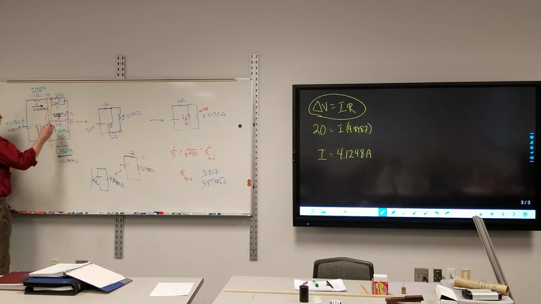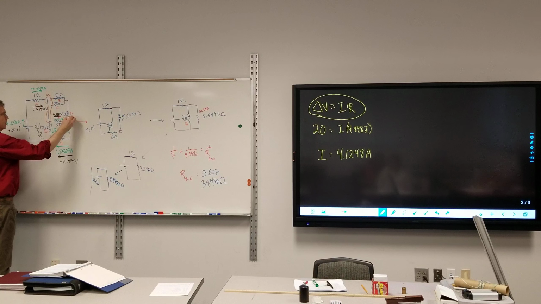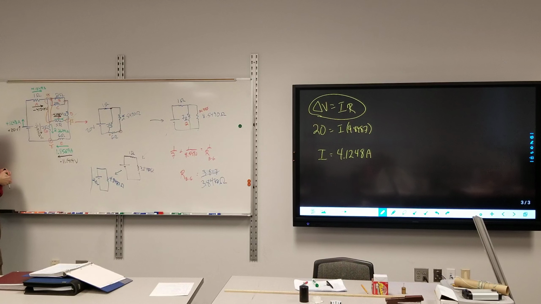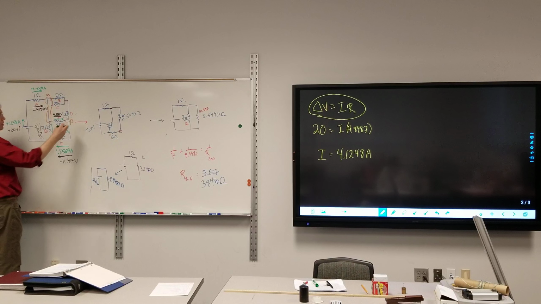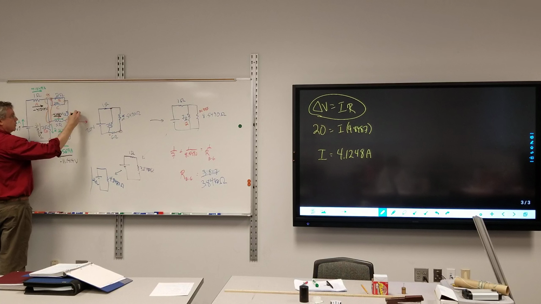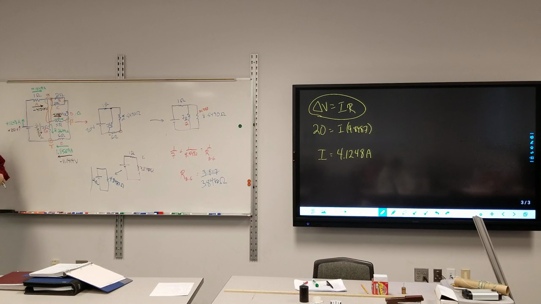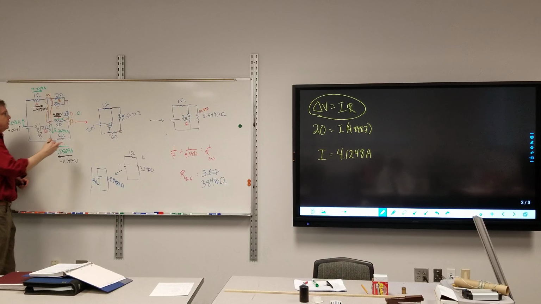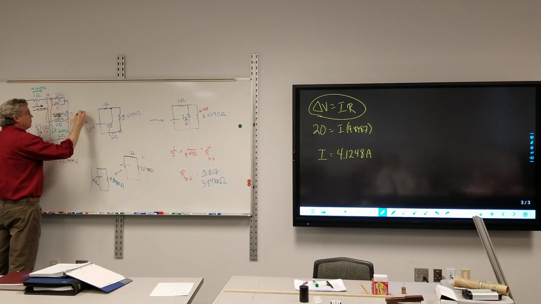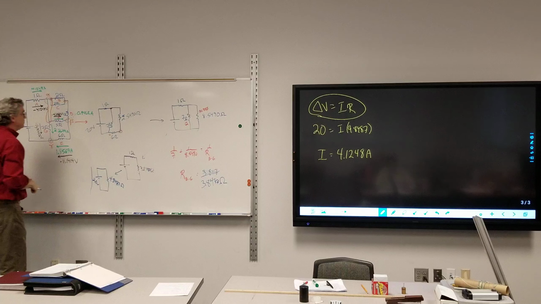So the current flowing across E. 0.9468 amps. All right.